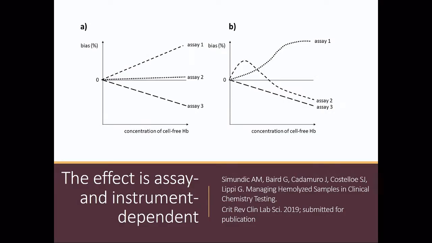The effect can be linear, either positive or negative, or it can be non-linear, again in either a positive or negative direction. It has to be pointed out that the direction, the type, and the degree of interference highly depend on the assay and on the instrument.